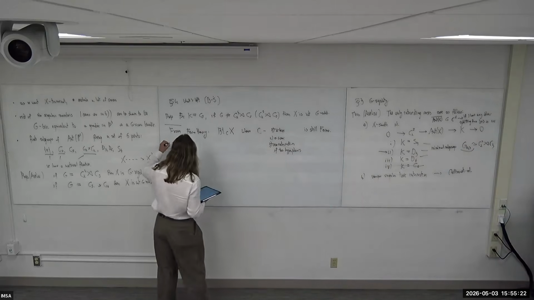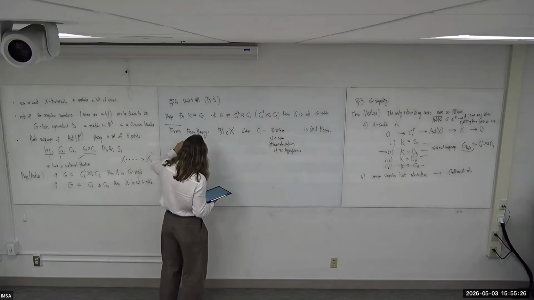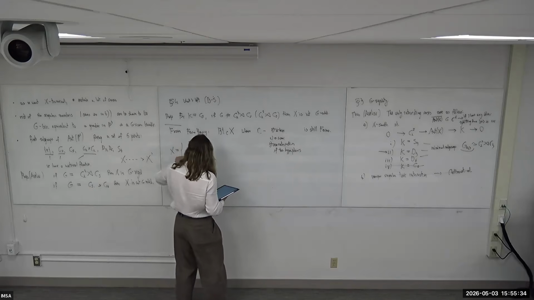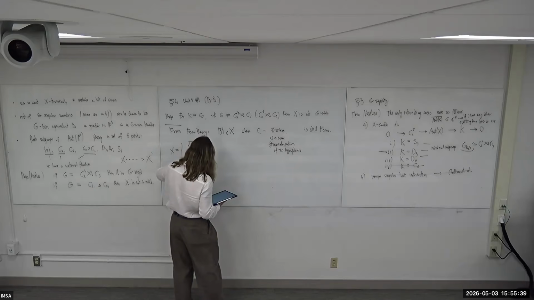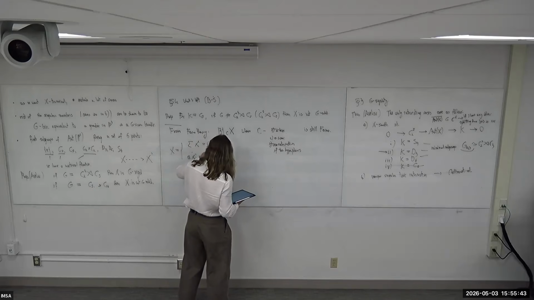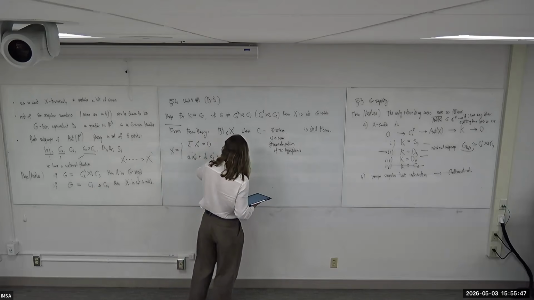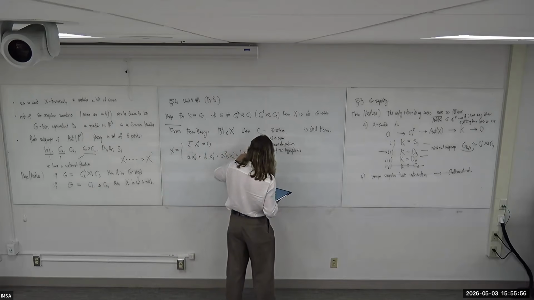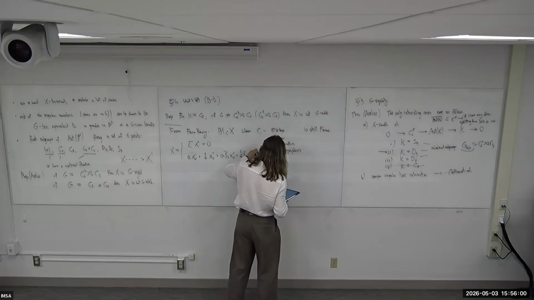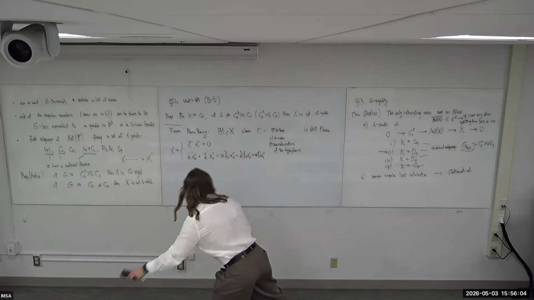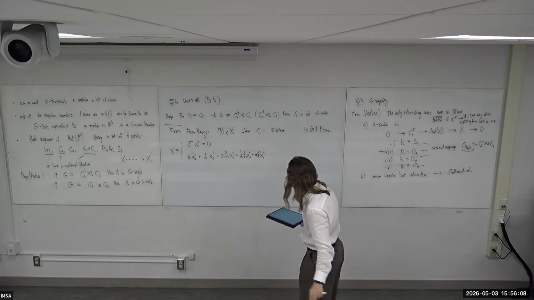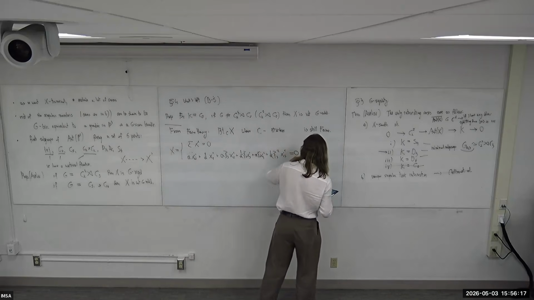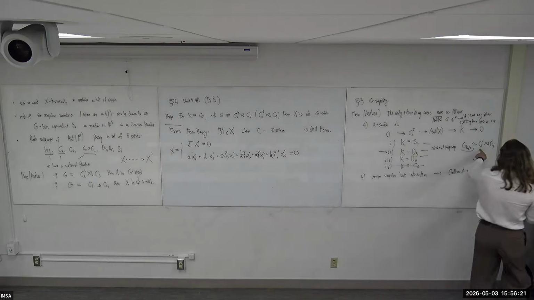Just to give you an example, if I have X equal to the sum of x_i squared equal to 0 and so on, how does my group act?